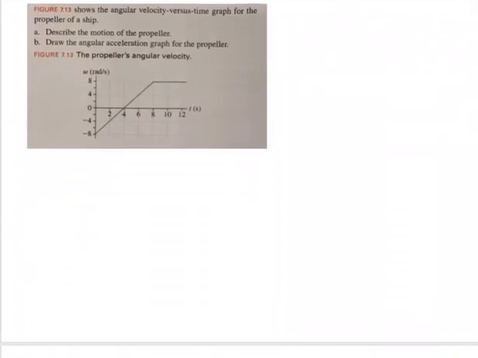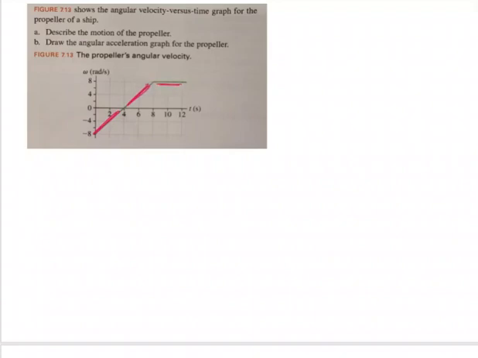Now, the figure here shows the angular velocity versus time graph for the propeller of a ship. Describe the motion of the propeller. Draw the angular acceleration graph for the propeller. First, describe the motion of the propeller. We see a couple things happening here. I see this region right here, this region right here, and this region right here.